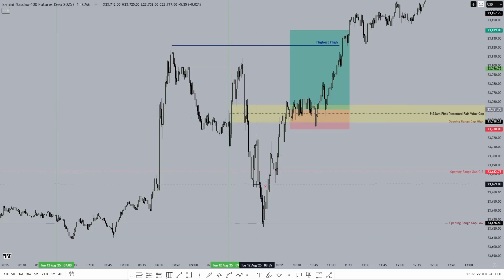We swept these stops and then afterwards traded above the first presented fair value gap and shifted to a buy program and entered in here with that stop loss below the first presented fair value gap, targeting the pre-market highs.